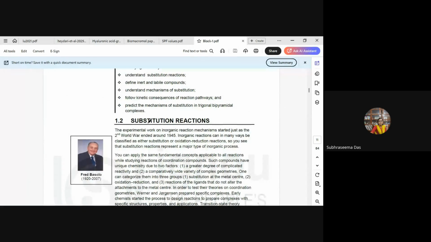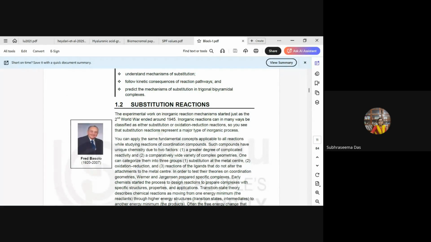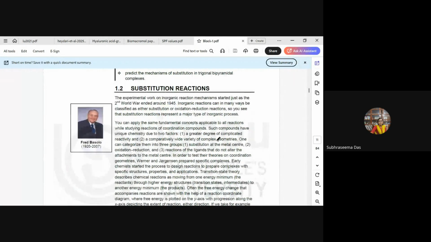So first we'll define what a substitution reaction is. As the name implies, a substitution reaction means we are substituting something. Where does this concept first arise? In inorganic chemistry, it gained prominence during the Second World War. Coordination compounds are unique because of two factors.